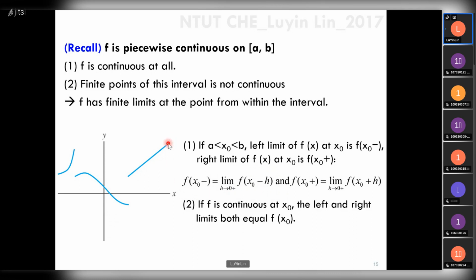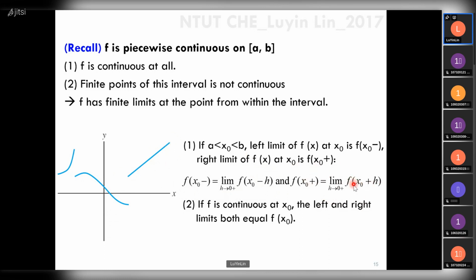So if this point is x0, x0 minus means from here to here. So x0 minus h, with h approaching 0, means h becomes smaller, and x0 minus h approaches x0. So from here to here.